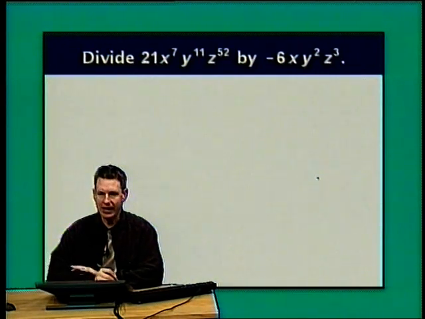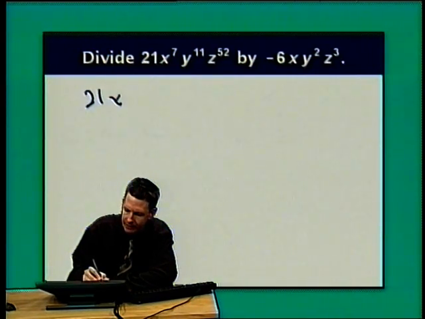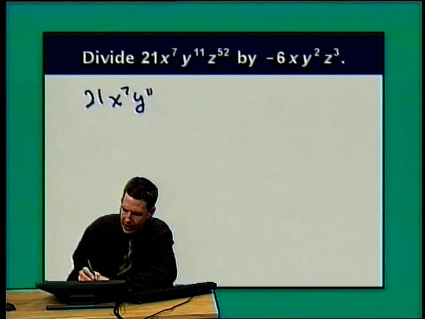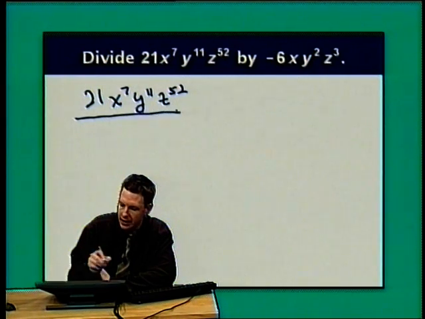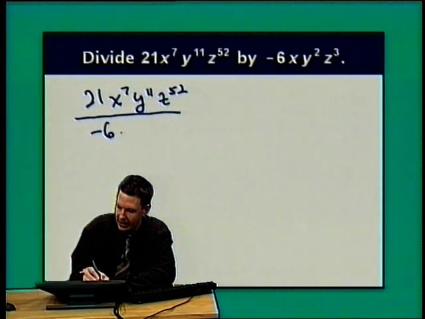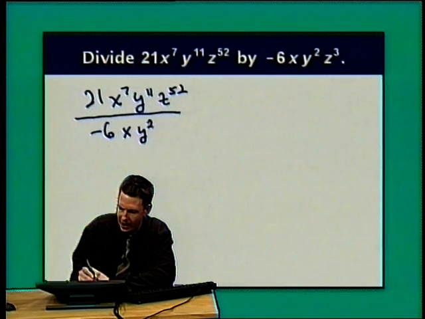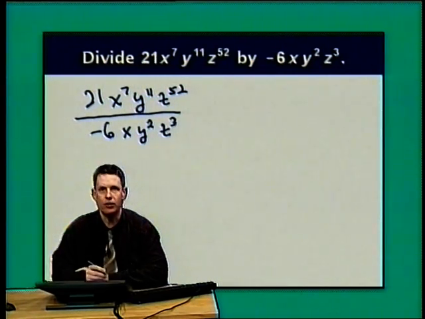So I'm going to begin by writing 21x to the 7th, y to the 11th, z to the 52nd as the numerator of a fraction whose denominator is negative 6x y squared z cubed.